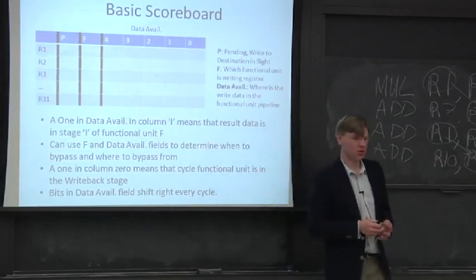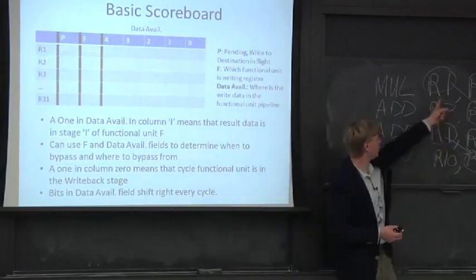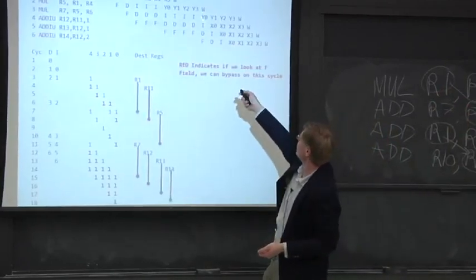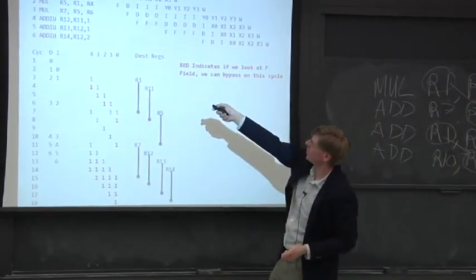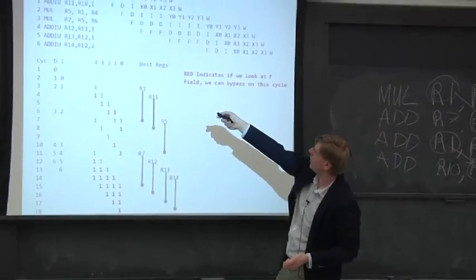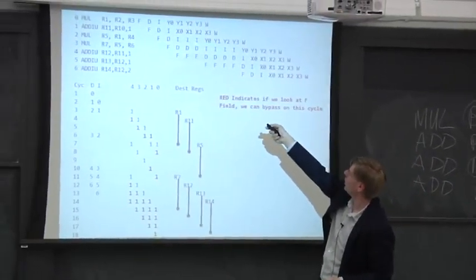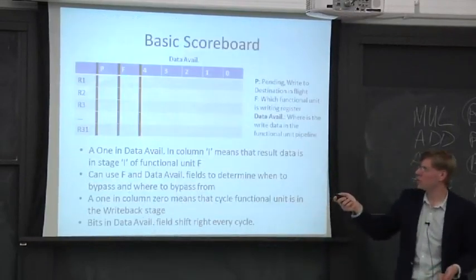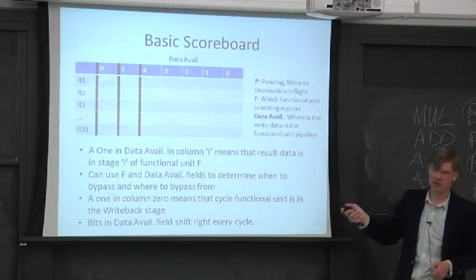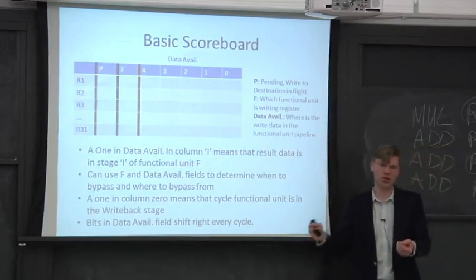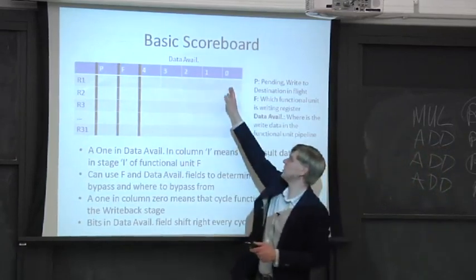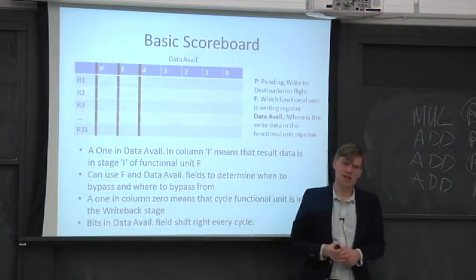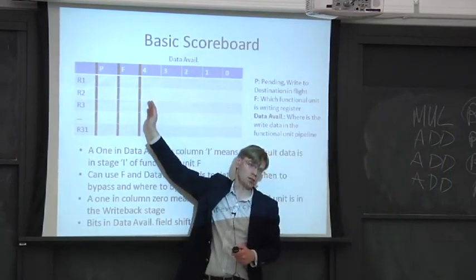I'll say it one more time. To see this, take this example here. We have a mul that writes R1 and something else that is supposed to read R1, but we end up stalling here. The way we know that is we know the functional unit. Because it says multiply, we know we have to wait until it gets to here, or rather probably here, instead of trying to pick it off earlier.